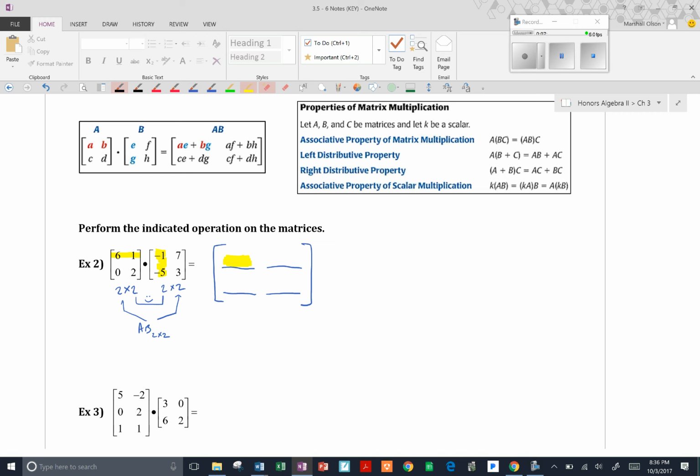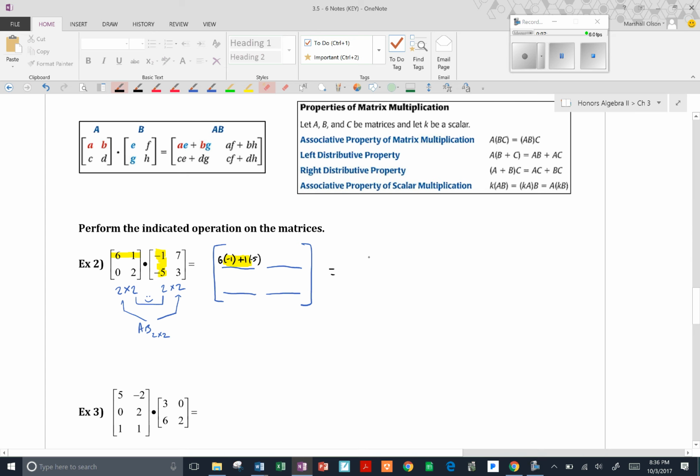When I do that, I want to take the 6 times the negative 1, and I want to take the 1 times the negative 5, and we want to add those together. It's always addition there. All right, so I'm going to worry about what that gives us in a second.